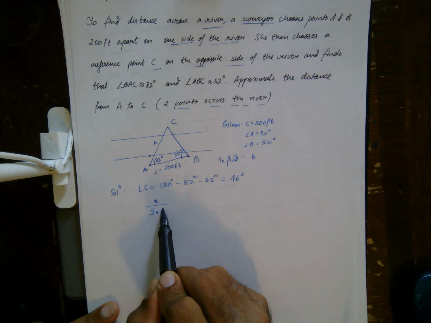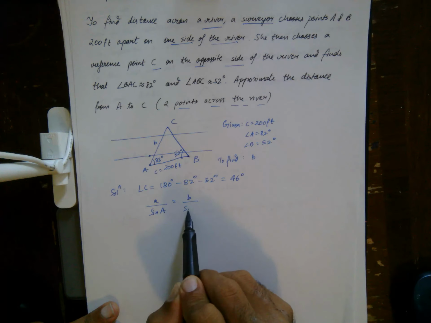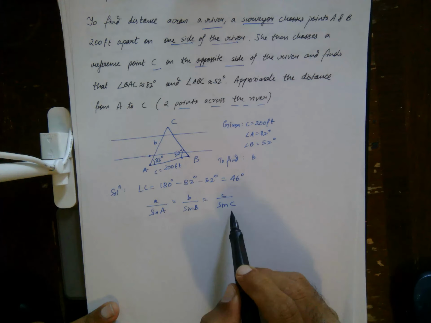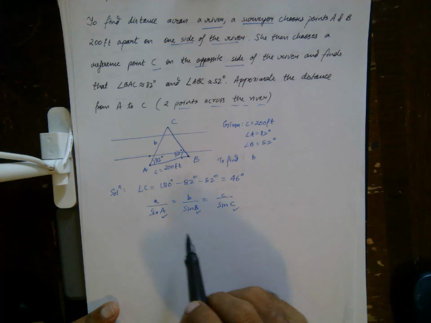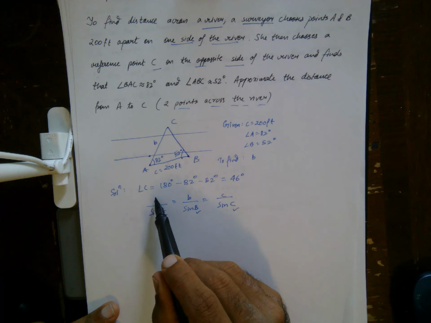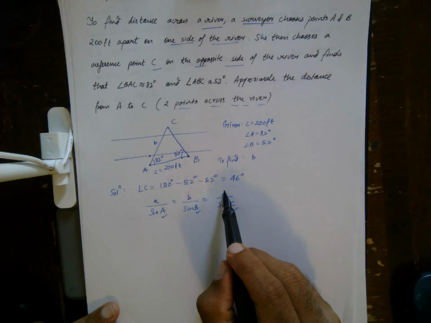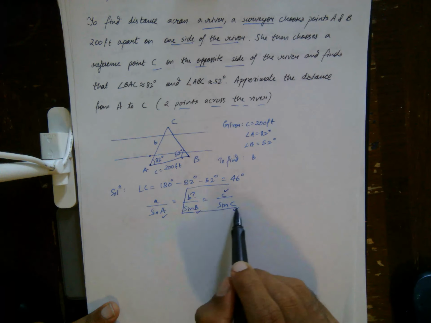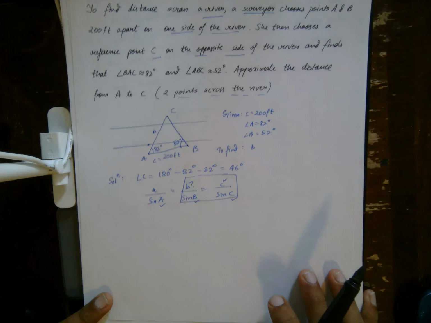Sine law says A over sine A is B over sine B is C over sine C. Now I know all three angles and I know which side? I know C, and I'm trying to find B, which means it makes sense to use the second half of this equation.